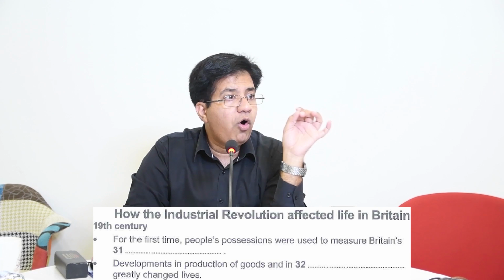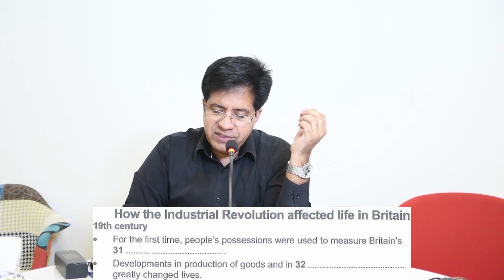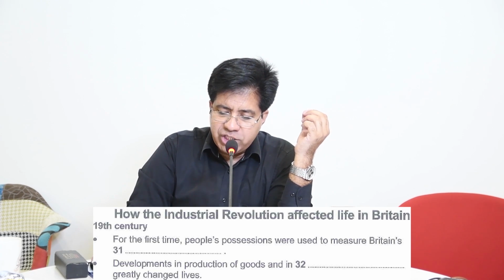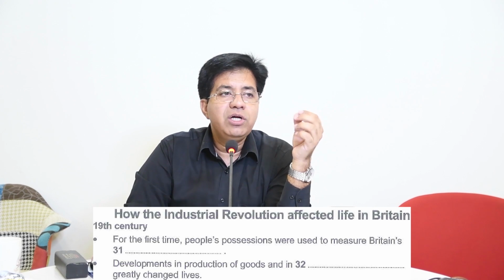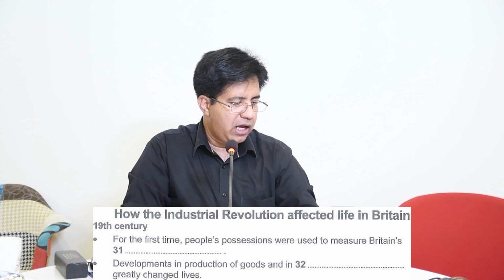So that is what we call people's possessions. Possession means what is in your possession. So for the first time, people's possessions were used to measure Britain's dash. To measure Britain's what? They used people's possessions to measure Britain's something. Now please focus and answer.